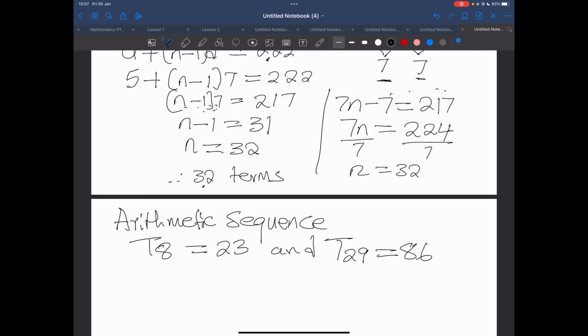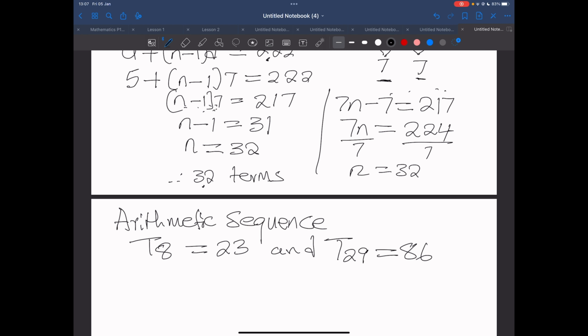Now, from what we have done here, we remember how to get term number 8. If it's 8, we can write it as a plus 7d. So that is term number 8, which is 23, so you write it equals 23.